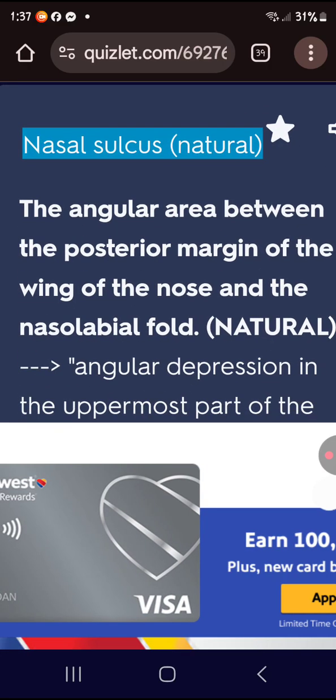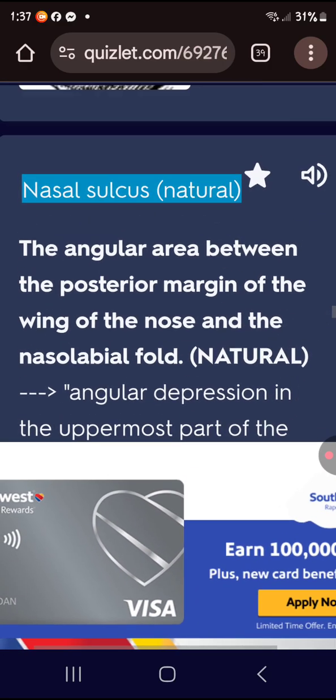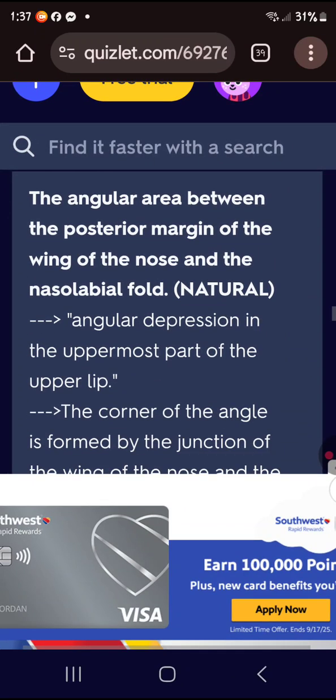Nasal sulcus, which is natural, is the angular area between the posterior or back margin. Let's back up. The angular or angled area between the back margin of the wing of the nose and the nasolabial fold.